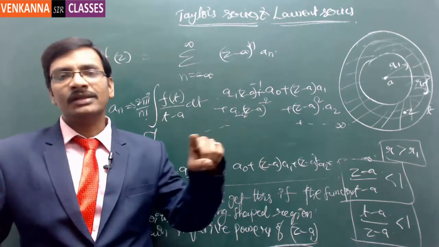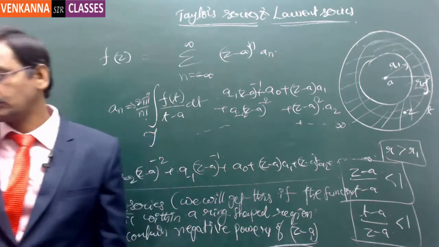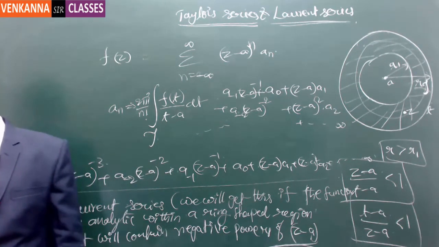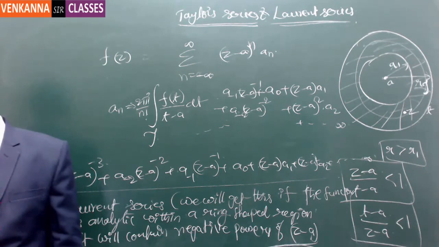And you are going to get the negative powers of Z minus A. That is the difference. Clear? Do you have any questions on this?